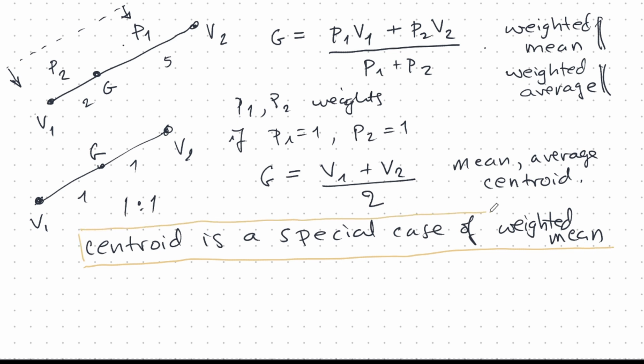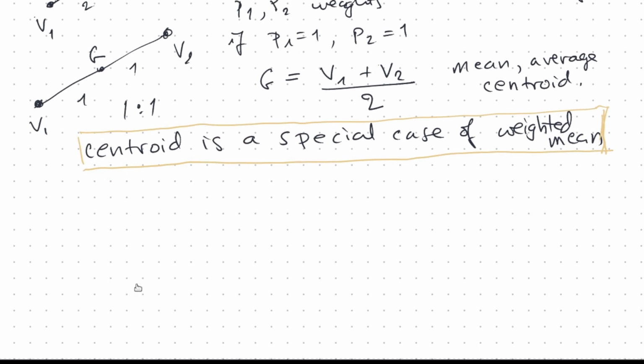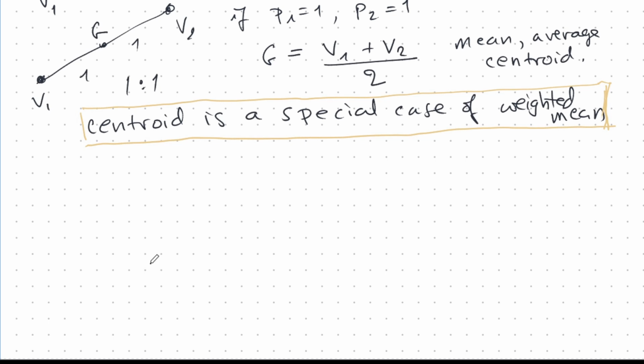So if we can prove something for weighted mean, then we automatically can prove it for centroid as a consequence. That's very important. Now, the next question I want to address before getting on to polygons is why the reversal?